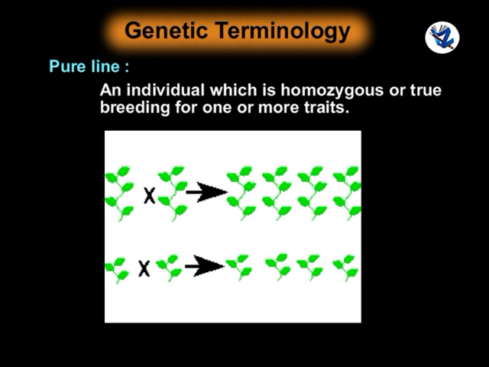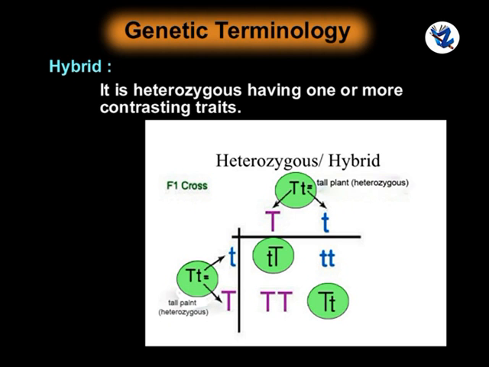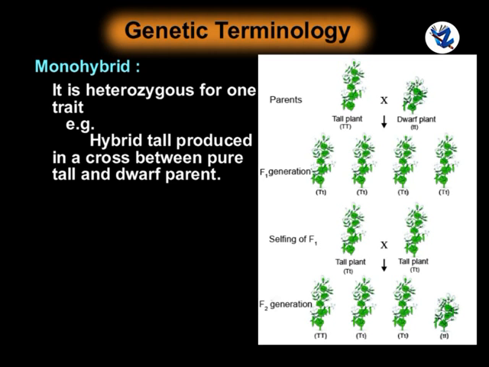Then pure line, an individual which is homozygous or true breeding for one or more traits. Then hybrid, it is heterozygous having one or more contrasting traits. Monohybrid, it is heterozygous for one trait. For example, hybrid tall produced in a cross between pure tall and dwarf parent.